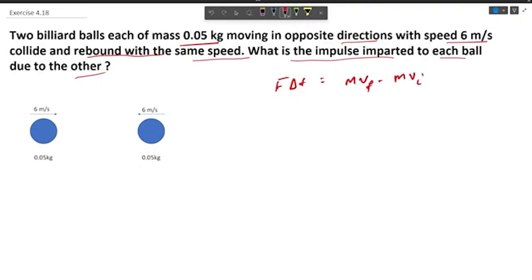Now let us assume that this is ball 1 and this is ball 2, and they both are moving in opposite directions with a speed of 6 meters per second, and when they collide, they rebound with the same speed, that is 6 meters per second.